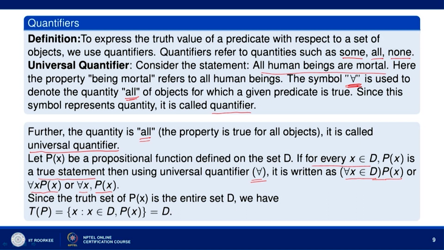This notation means that for every x belonging to D, p(x) is true. Since the truth set of p(x) is the entire set D, we have T_p equal to D.